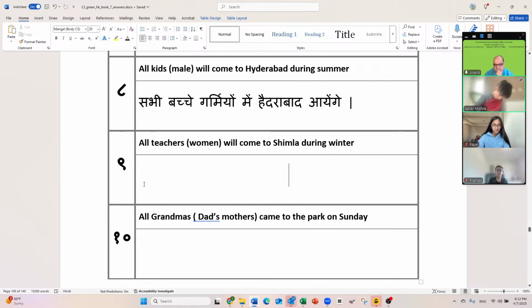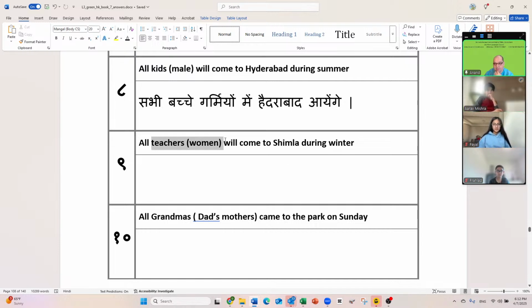सभी शिक्षिकाएं, how do you say winter? Anybody knows winter? सर्दी. सभी शिक्षिकाएं सर्दियों में शिमला आएंगे.